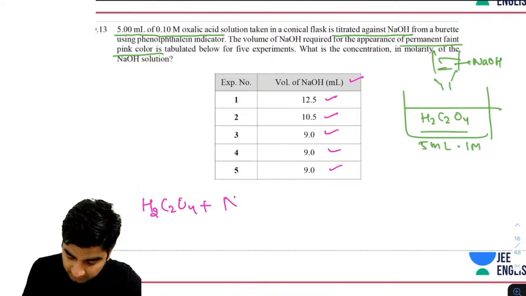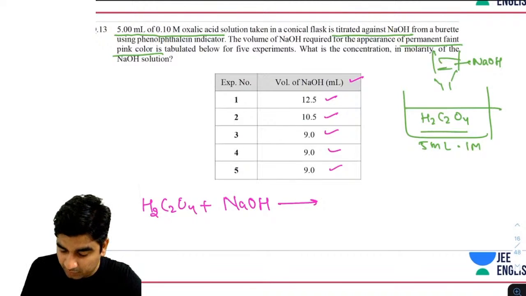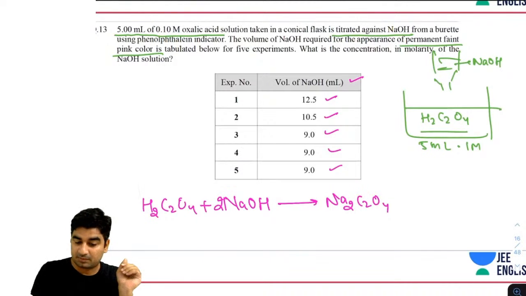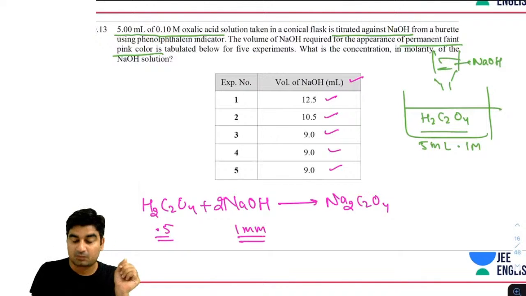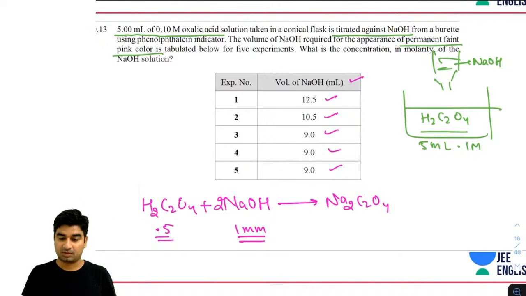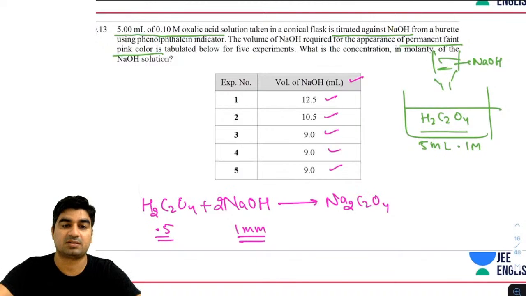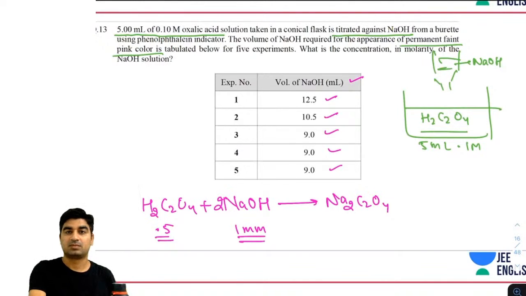So guys, NaOH is going to give you, okay, so you have 0.5 millimole of it. So you need 1 millimole of it for complete titration. Okay guys, so 1 millimole, now volume is given. Now read it again, guys. The question is not tough, but it is conceptual, guys. Read it again.